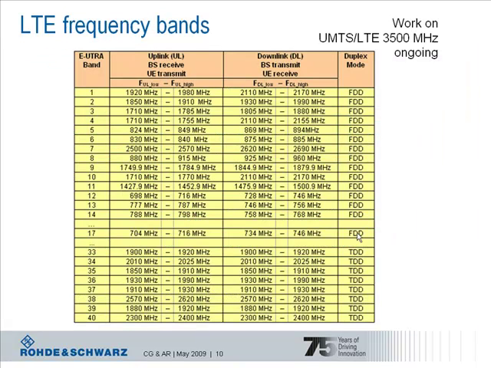This table shows the LTE frequency bands that are specified. The table is taken from 3GPP specifications as of March 2009, and shows the specified bands for LTE operation. There will be more bands added in future. For example, there's work on UMTS LTE 3.5 GHz operation ongoing. As you can see in the table, bands 1 up to 17 are defined for FDD operation, and bands 33 up to 40 are defined for TDD operation.